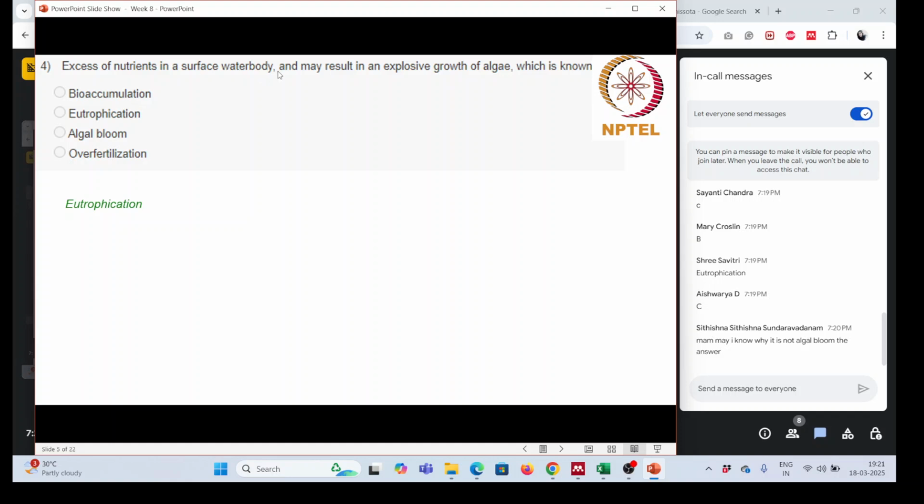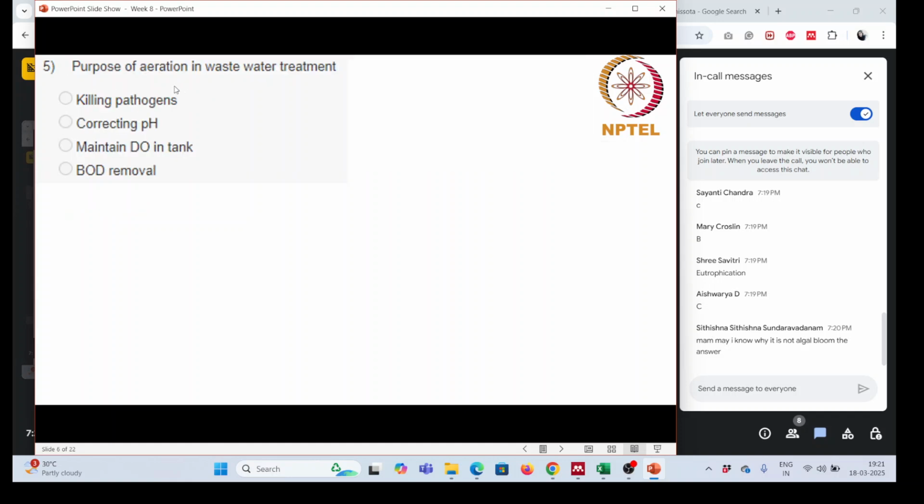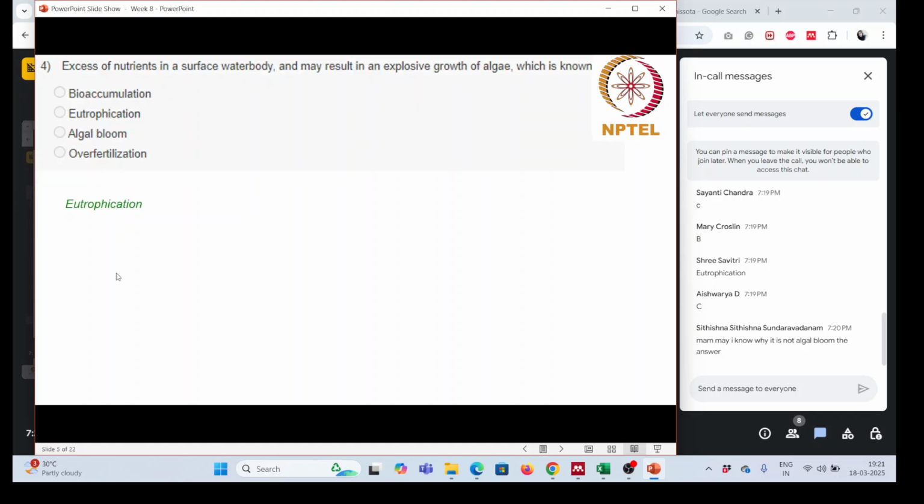When we use this many commas, we are always referring to the first part of the question. So that is why it is eutrophication. The question is pointing to the first part, excess of nutrients in the surface water body. So that is why option B was correct.